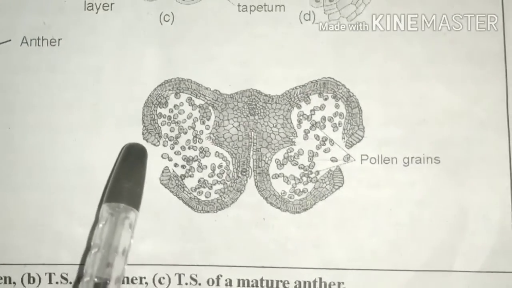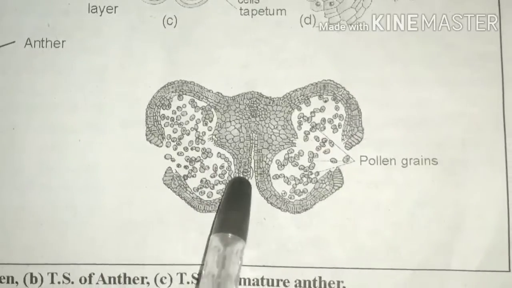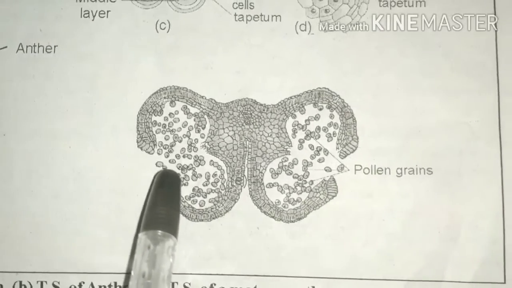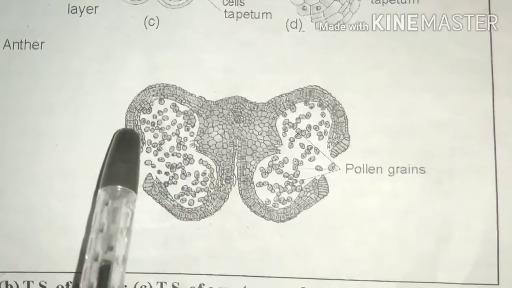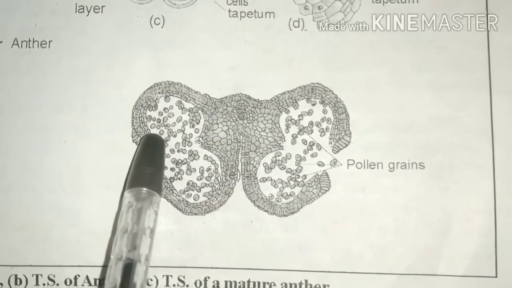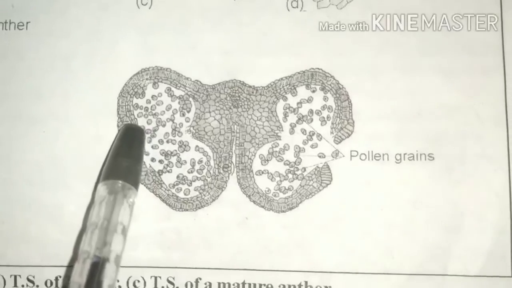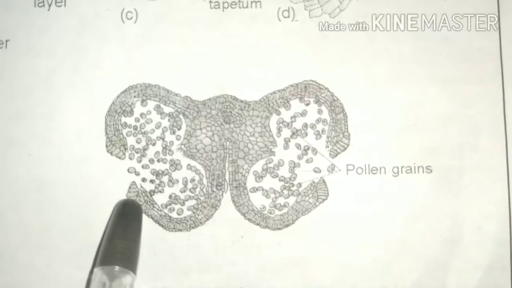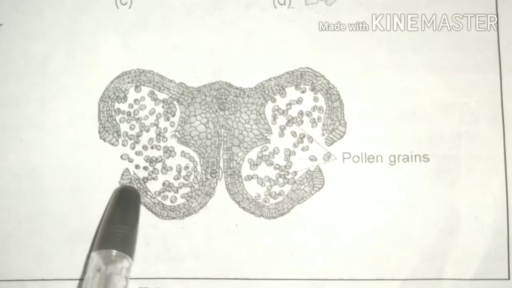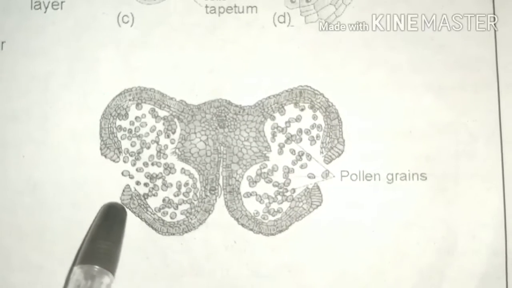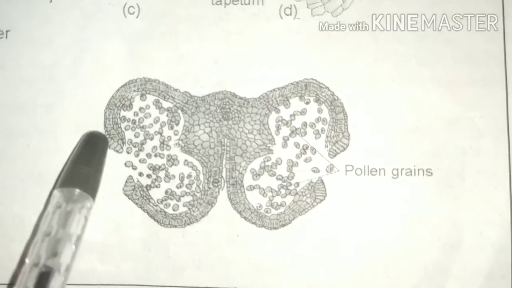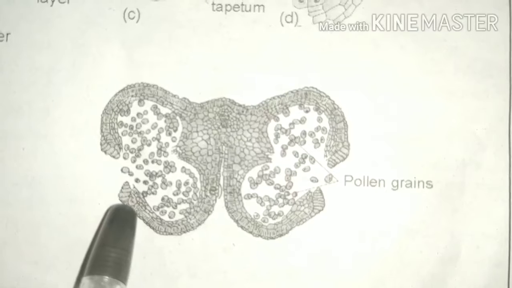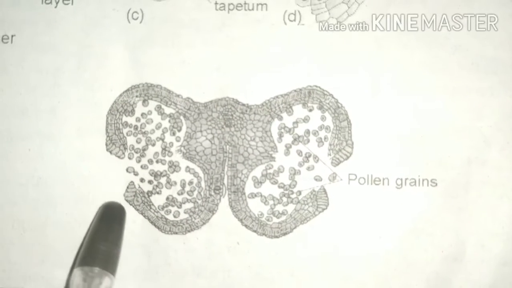Let's see the structure of mature anther at the time of dehiscence. In mature anther, pollen grains or microspores are mature with 2 cell stage, then endothecium layer ruptures, and at the end part of endothecium layer where dehiscence occurs, a stair-like structure is found called stomium.